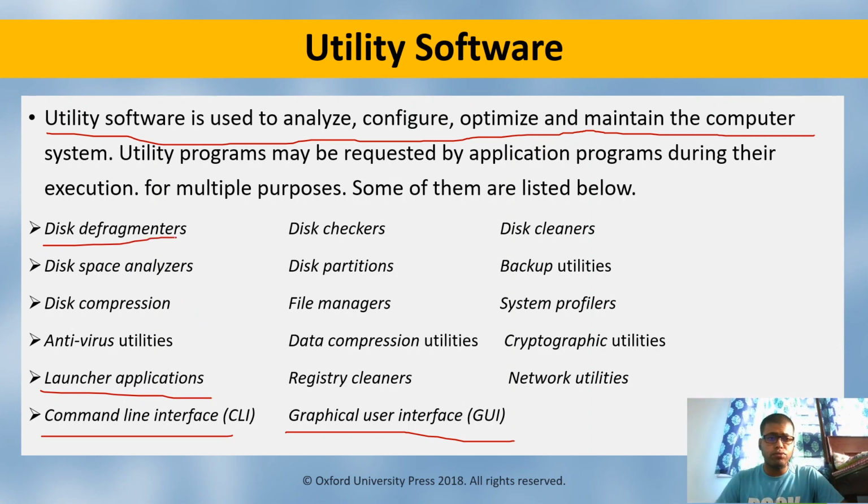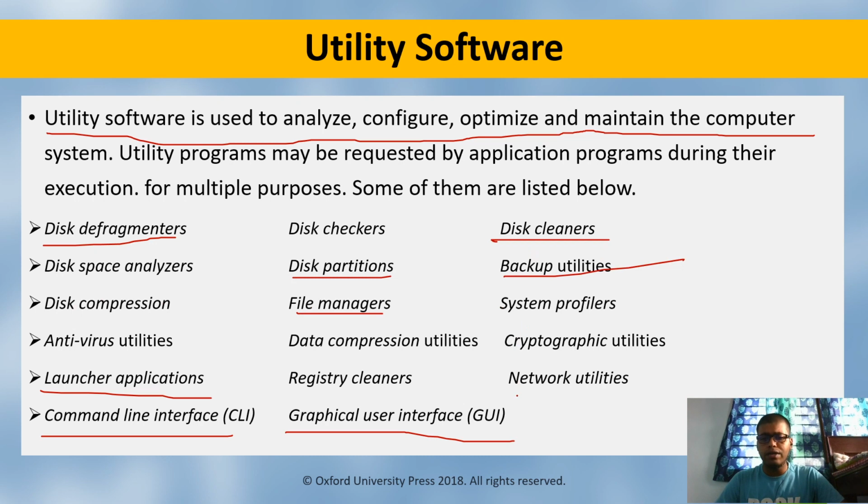You must have gone through the disk defragmenter, disk partitions, file managers, backup utilities, disk cleaners, network utilities. So these are part of the system, and they are given with the operating system.